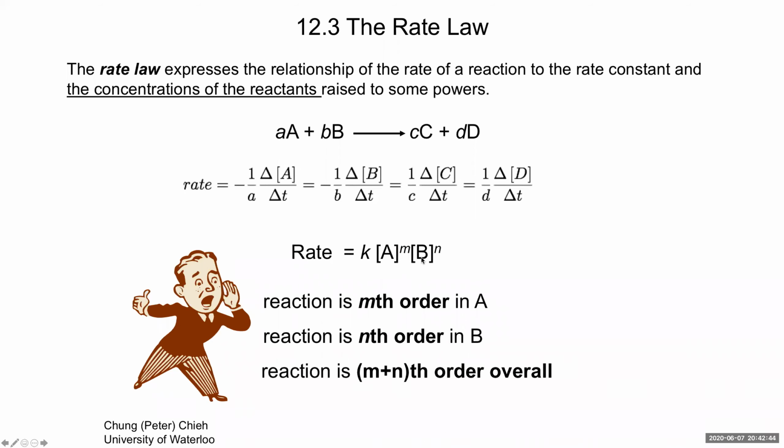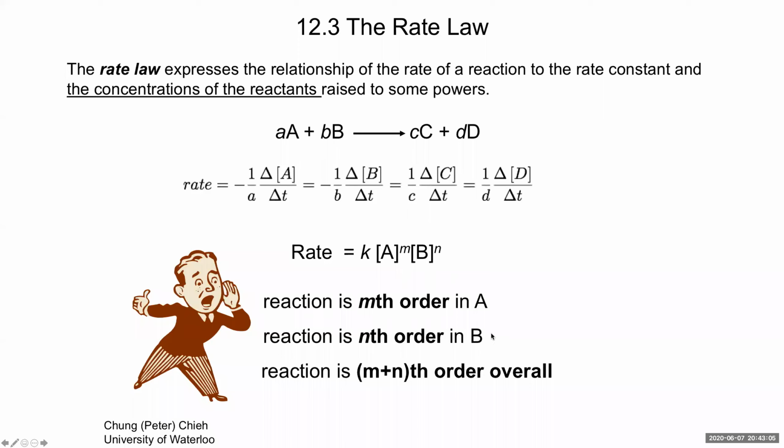Together, you would say the overall reaction is m plus n order. If it's first order in A and first order in B, overall it would be second order. If it's second order in A and second order in B, it would be fourth order overall.